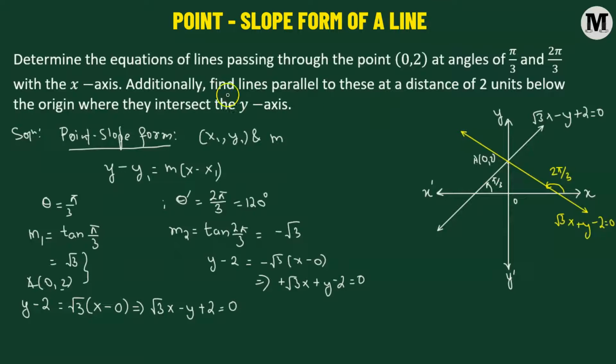Now we have to go to the second part. Additionally, find lines parallel to these at a distance of 2 units below the origin. At a distance of 2 units below the origin means, let's say this is the point B with the coordinates (0, negative 2). Clearly, point B is 2 units below the origin. Now we have to find the equation of the lines which are parallel to the white line and the yellow line. So let's consider the line which passes through the point B and is parallel to the white line.